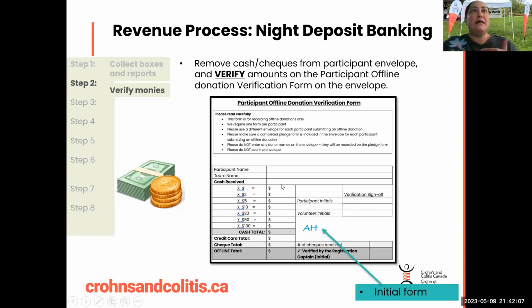Then you put the breakdown here and the total amount, which is already here. When you confirm, you put your initial, which means everything is fine. When you are actually counting the money, you will separate it by denomination, because you will log this on the deposit slip by denomination.